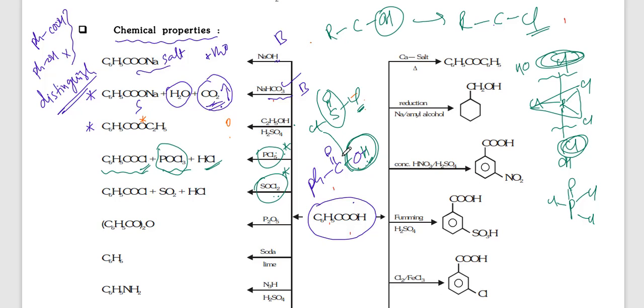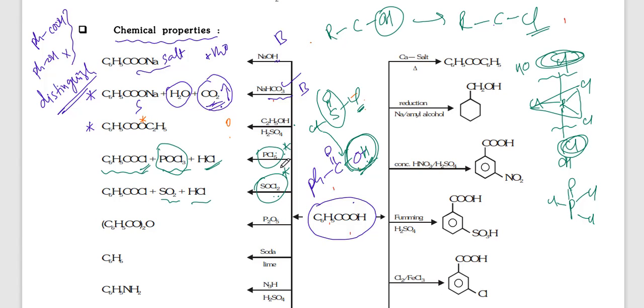This chlorine is substituted here. Actually, a ring-like formation happens here in the mechanism. So the final conclusion is that one chlorine is substituted in place of OH. Okay, so OH is released. The byproducts are HCl and SO2. The byproducts are not very important here.